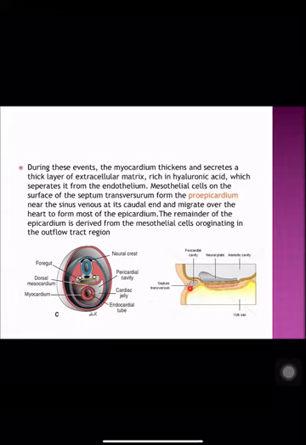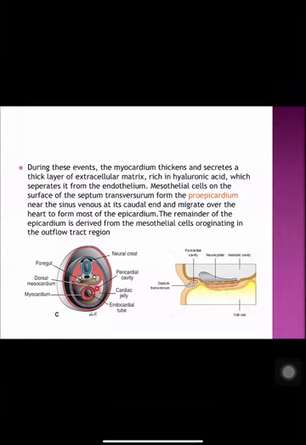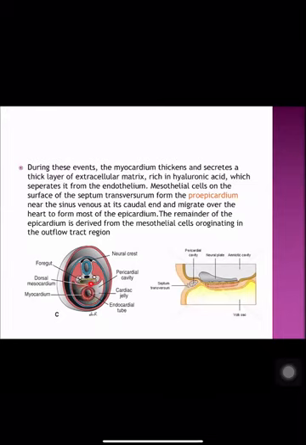If we look from here, these cells will migrate to the caudal end of the tube. It will form what is called the proepicardium. And they will start to migrate over the heart tube to form most of the epicardium. The remaining part of the epicardium will be derived from the mesothelial cells of the outflow tract, I mean from the inside of the heart tube itself.